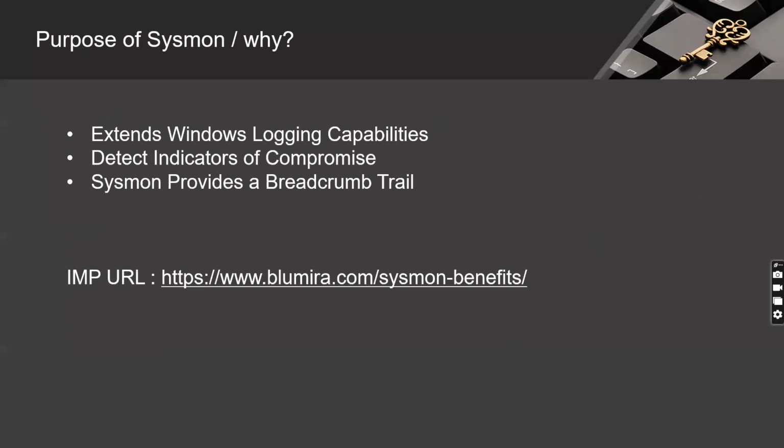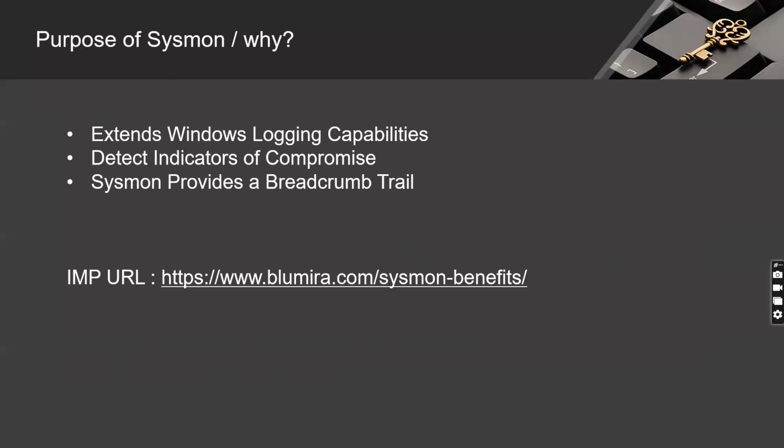We get MD5 by default, I think SHA-256, but we can get MD5 too, or different hashes, and we can compare those hashes with the database in the rules and identify the IOCs. Apart from that, Sysmon also provides a breadcrumb trail, and we can easily find those breadcrumbs.